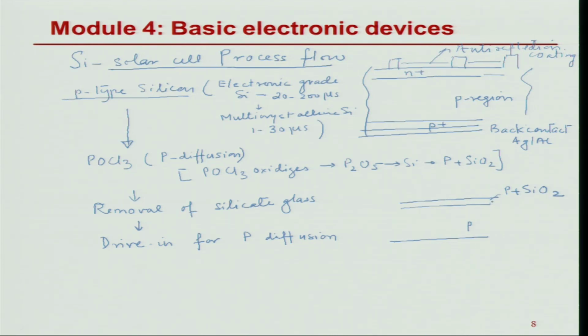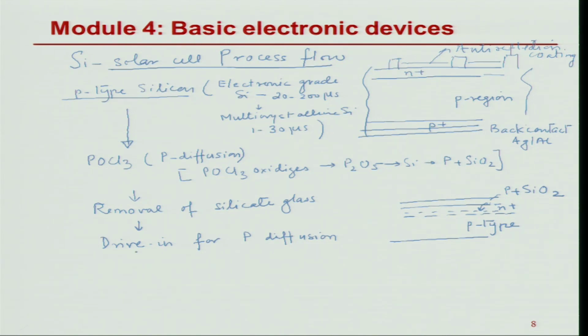The phosphorus goes in the p type, creates the junction that I want for n plus. Then I remove the silicate glass that was there and drive in the junction further to its final position. So I have an n plus p junction created through this process.